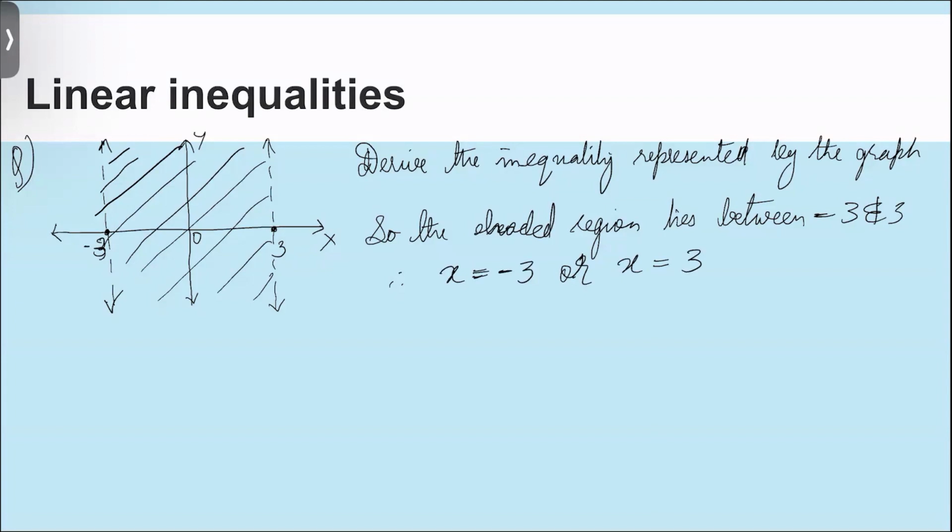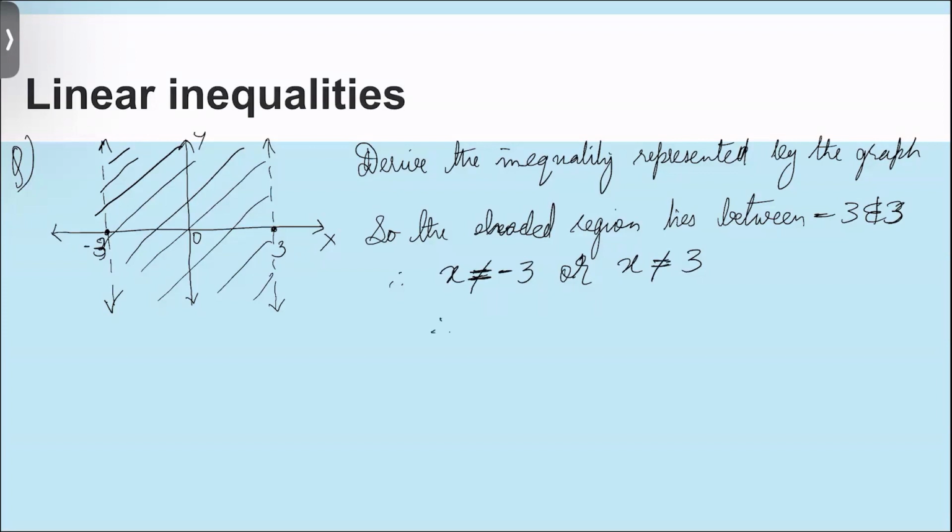Okay, so it lies between -3 and 3, but since actually these are dotted lines, when they are dotted lines, we are not going to consider the values. Okay, so therefore x is actually not going to be equal to -3, and it's also not going to be equal to 3.